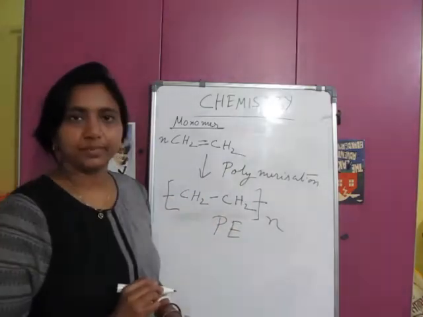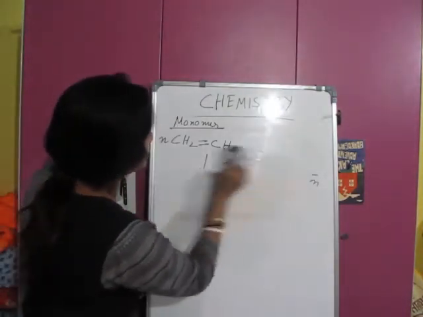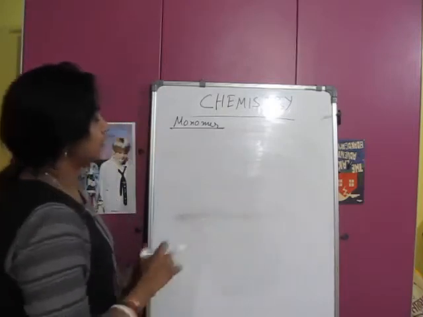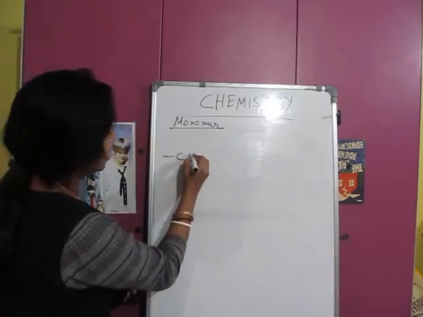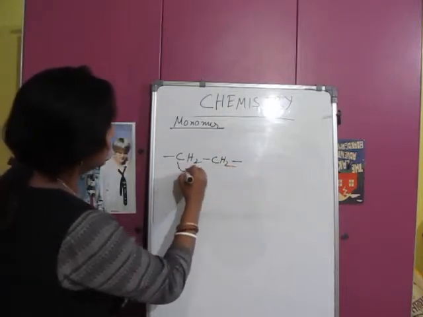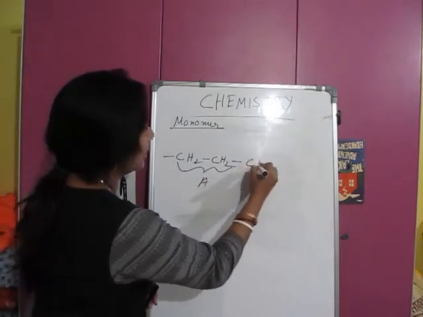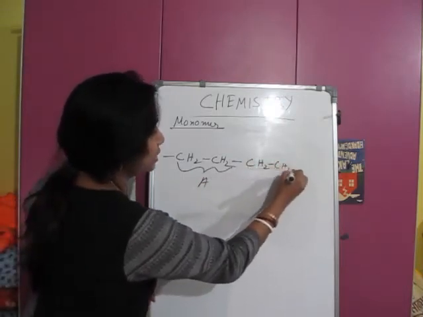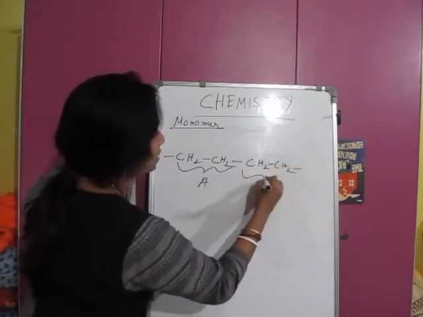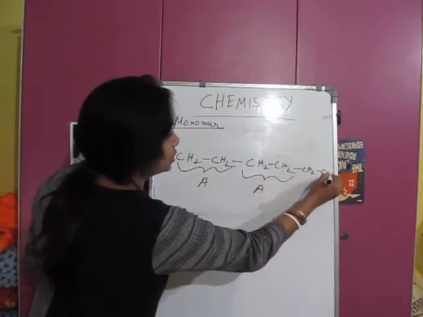Polyethylene. Okay, how does it look? Basically, if I write in this way, CH2, CH2, again, it is one single unit, like say A. Again we are writing CH2, CH2. So it is also another unit A, CH2, CH2.